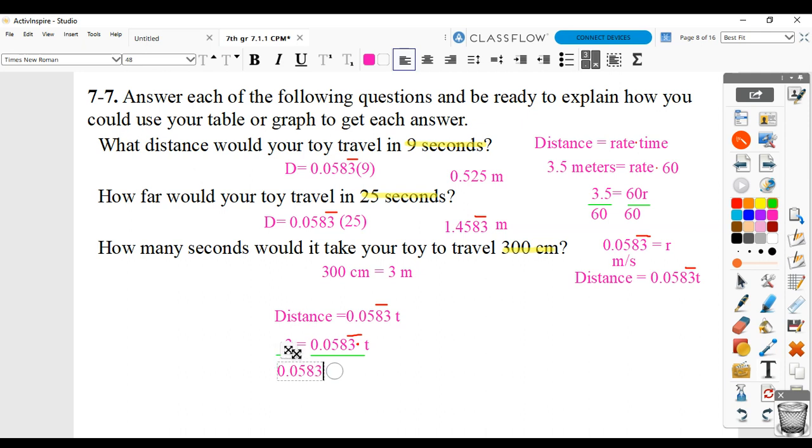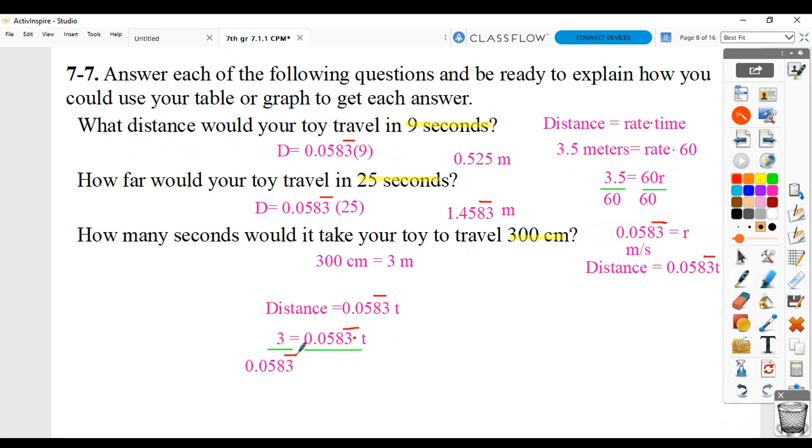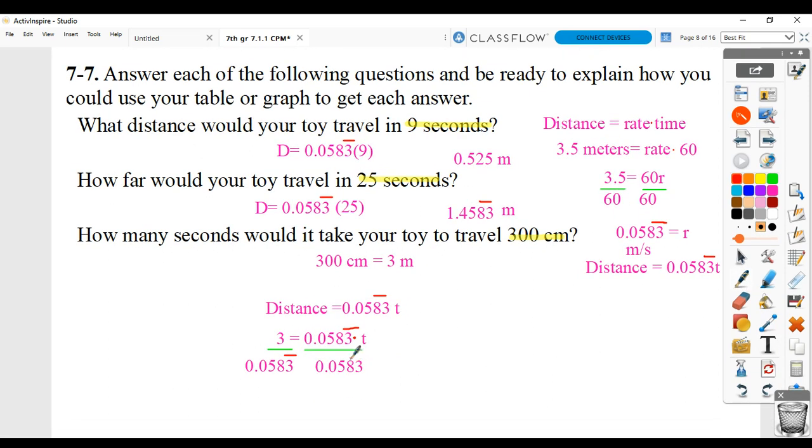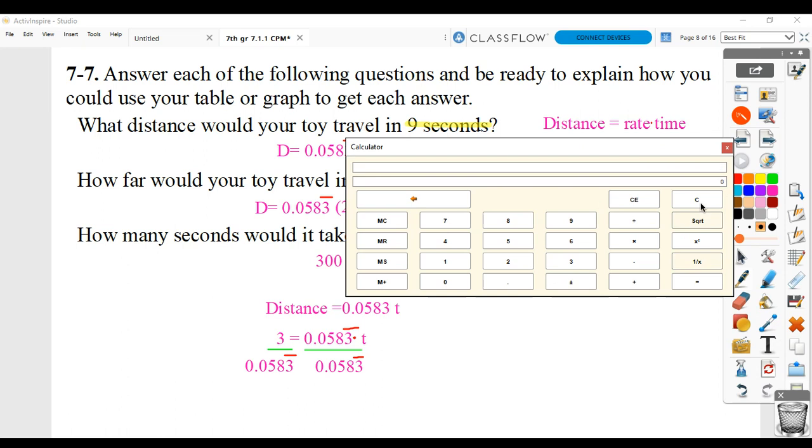And again, we're going to do it to both sides. When we do it to the left side, we will get our answer, and when we do it to the right side, we'll get just t, which is what we want. So we'll put in our calculator, 3 divided by that value.